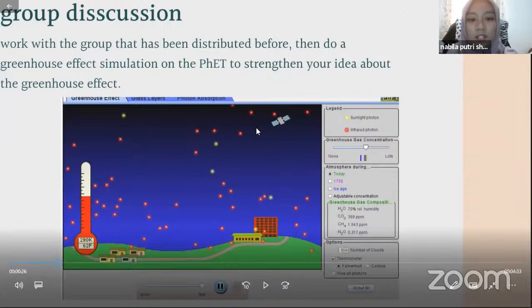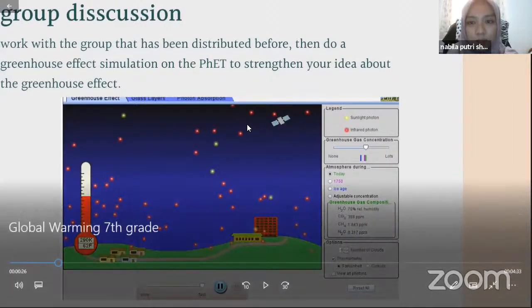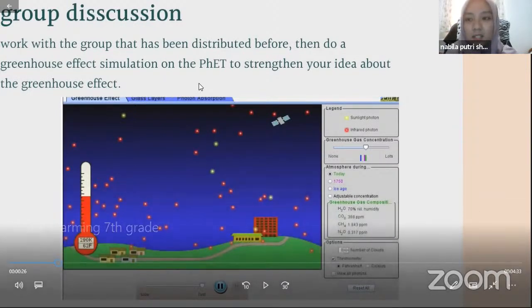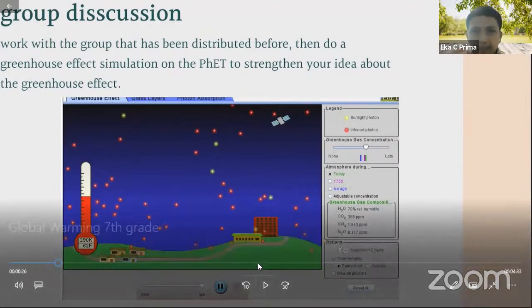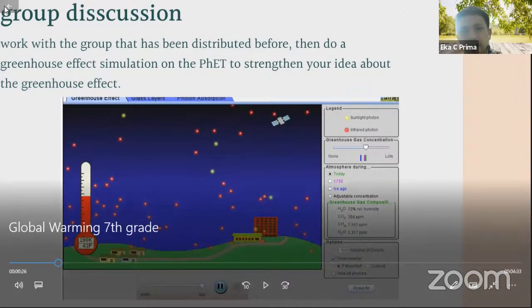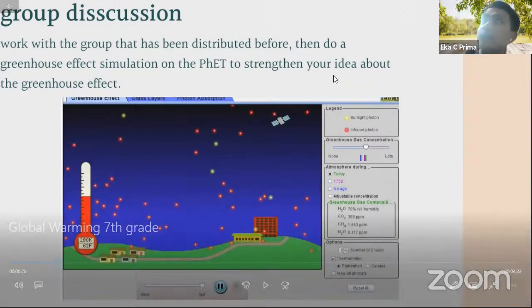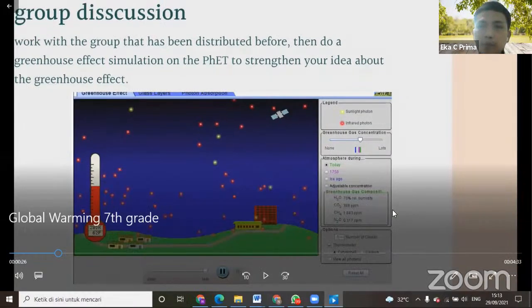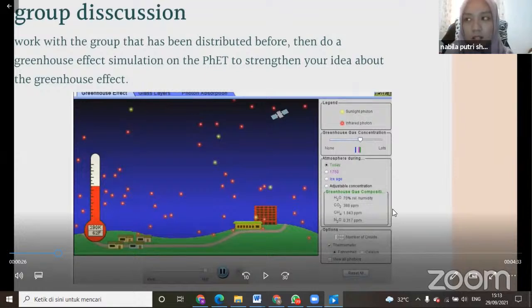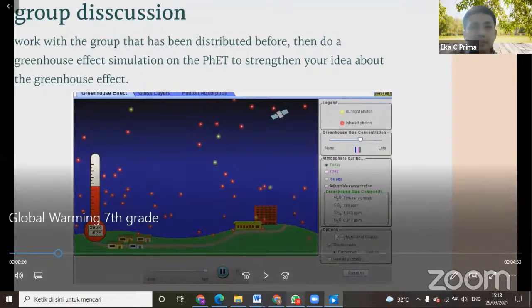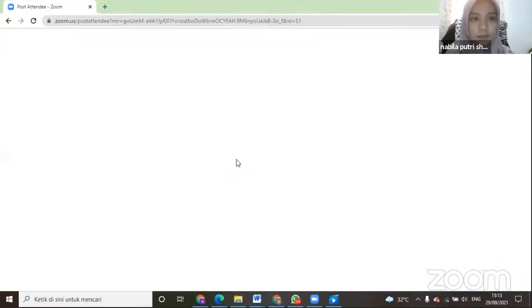So should I show how to run this PhET simulation, sir? Yeah, you can show us. Please explain one phenomenon in PhET and give us the reason. Until what time do we have to finish the course? 15:30. Yeah, just simply show. All right.